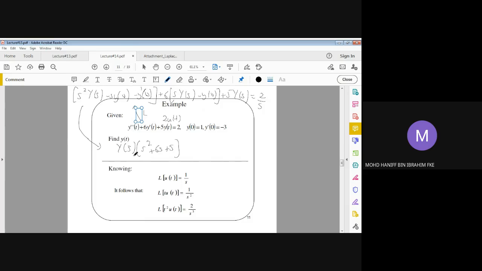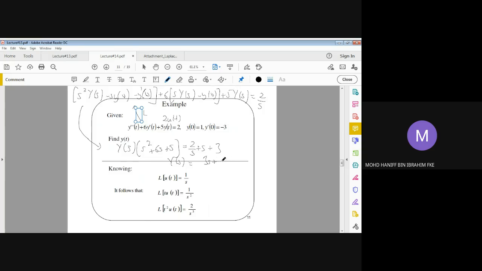We factor out the Y(s), and we're going to have 2 over s, and the rest of the terms, the s and the y(0) and y prime(0), can all be brought to the right hand side. So we're going to have plus s and plus 3, so you can work out these equations on your own.